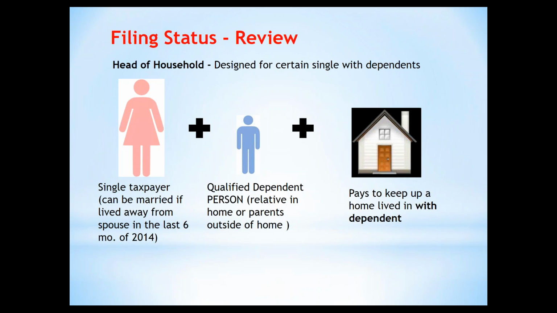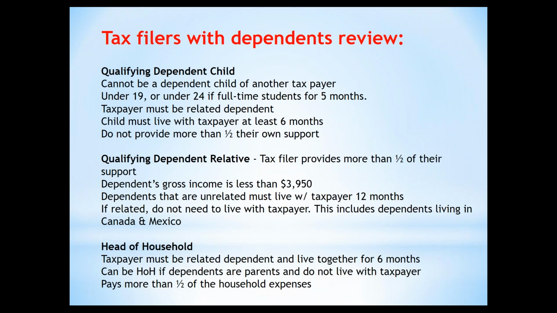So again, just head of household, that means that there's a single taxpayer, there's a qualifying dependent, it can be a relative or a non-relative, but they have to have been in the home for more than 6 months or at least more than half of the year. And the taxpayer has to be the person that's kept up with the cost of the home and supported the home. We just went through some of the qualifying dependent information, but this is just a breakdown of the qualifying dependent child and dependent relative, as well as that head of household information.